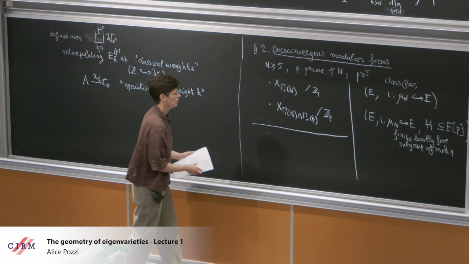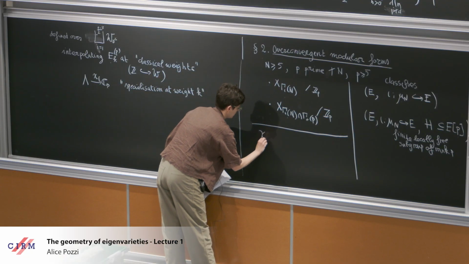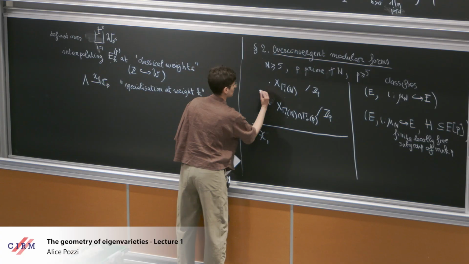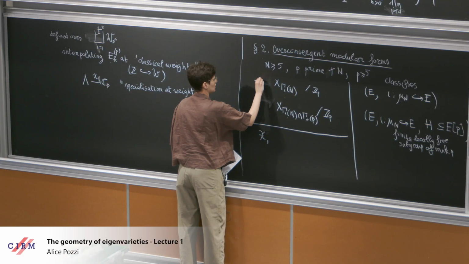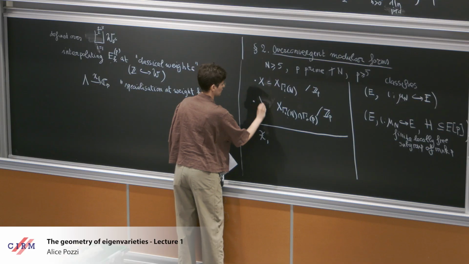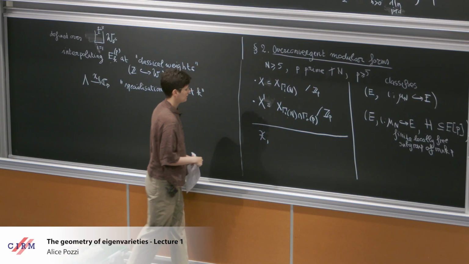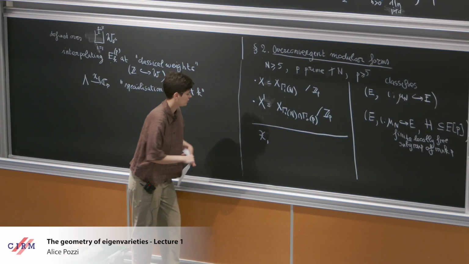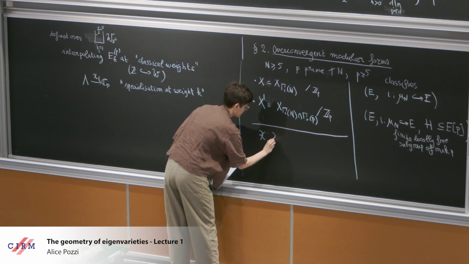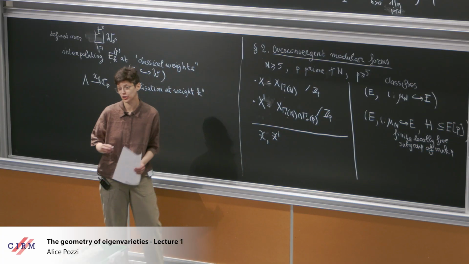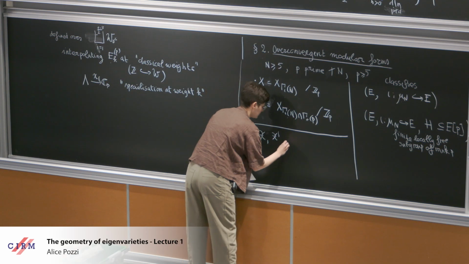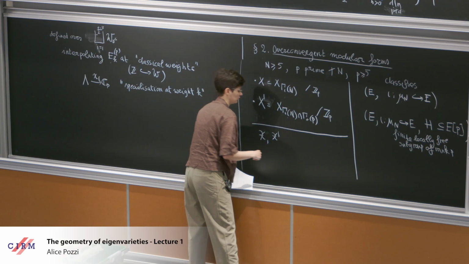And I'm going to consider, so I'm going to call this guy x, this guy I'm going to call x prime, and I'm going to use the notation of calligraphic x and x prime for the rigid analytic spaces attached to these two guys.